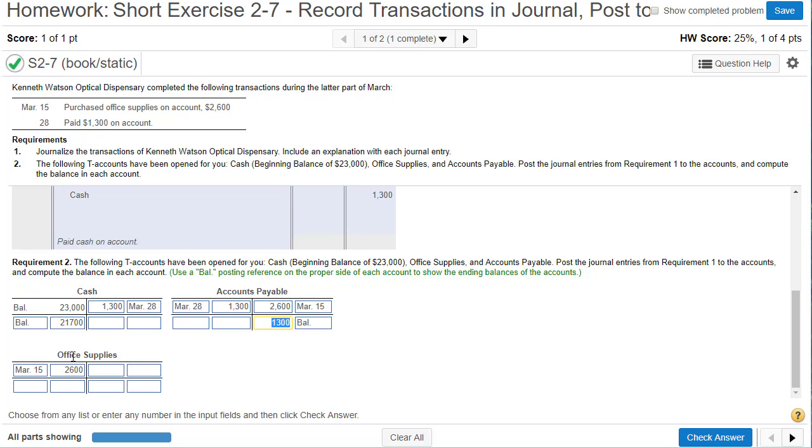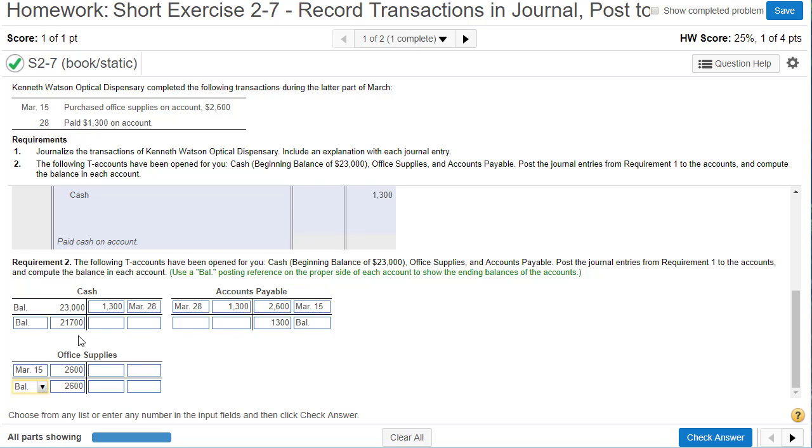And then office supplies, this one no math is required. We know we have a balance of 2,600. So remember, this little horizontal dark line here means we're going to calculate the balance and put it below. So that's why we put the balance below this horizontal line.